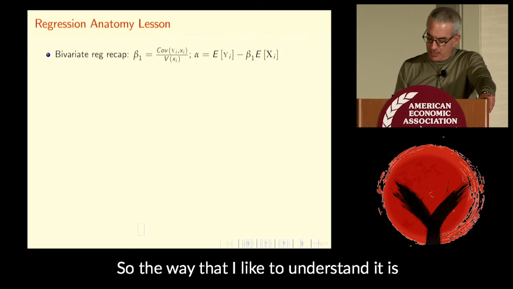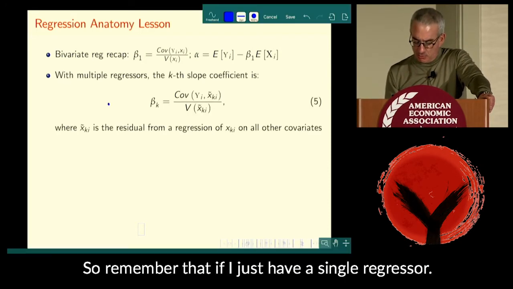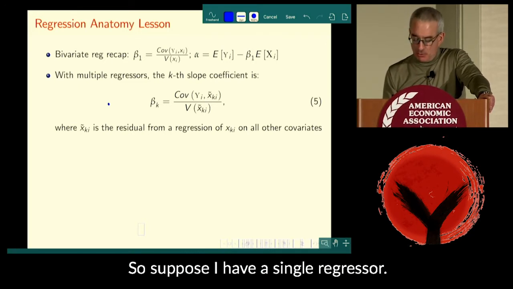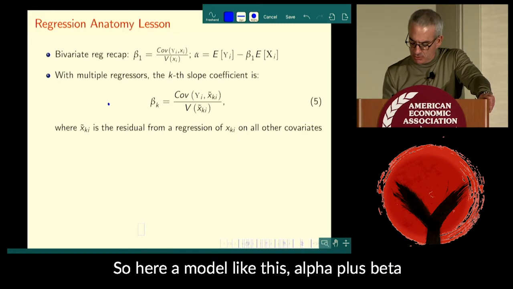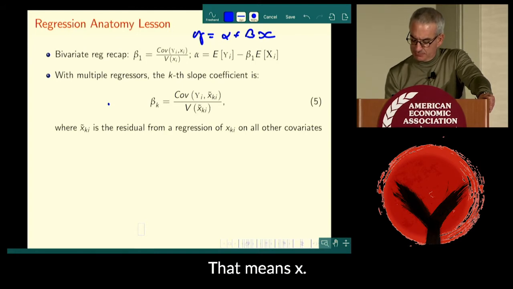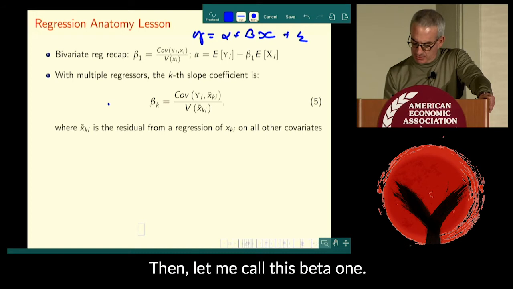The way that I like to understand it is as a partial effect. Remember that if I have a single regressor, a model like this, alpha plus beta, and I'll write it like that, that means lowercase x, so that's a scalar. Let me call this beta 1.